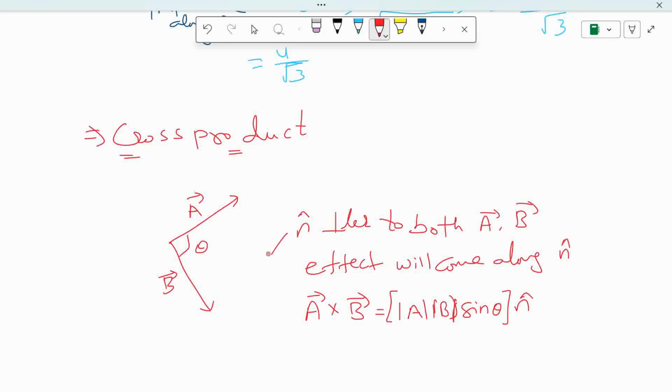So n cap is nothing but the unit vector perpendicular to both A bar and B bar. Effect will come along this unit vector n cap, which is actually normal to the plane containing A bar and B bar.